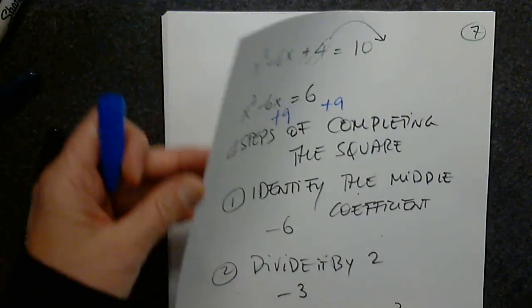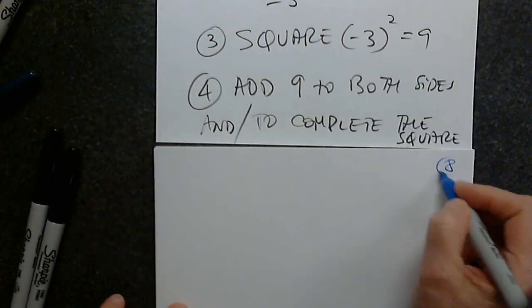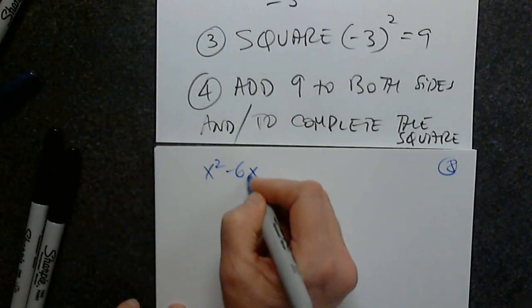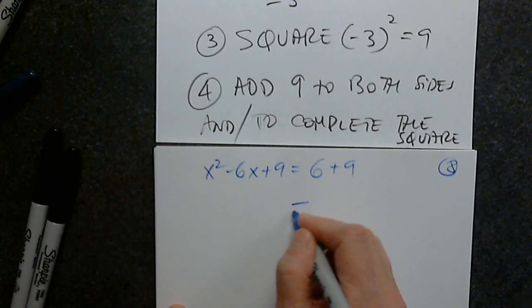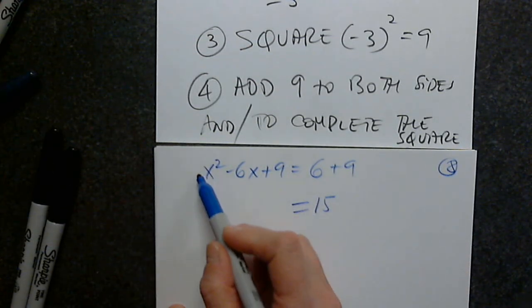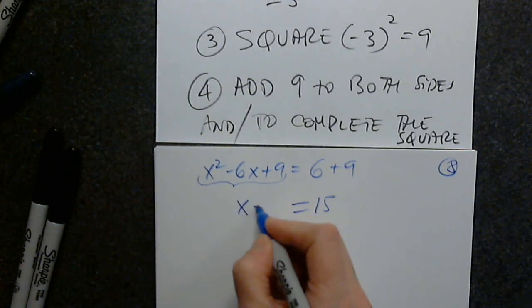Okay, so now the new equation becomes x squared minus 6x plus 9 equals 6 plus 9. The right-hand side, obviously, is not a problem. Can anyone, and everyone should be able to, give us the left-hand side factored? x minus 3, everything squared.